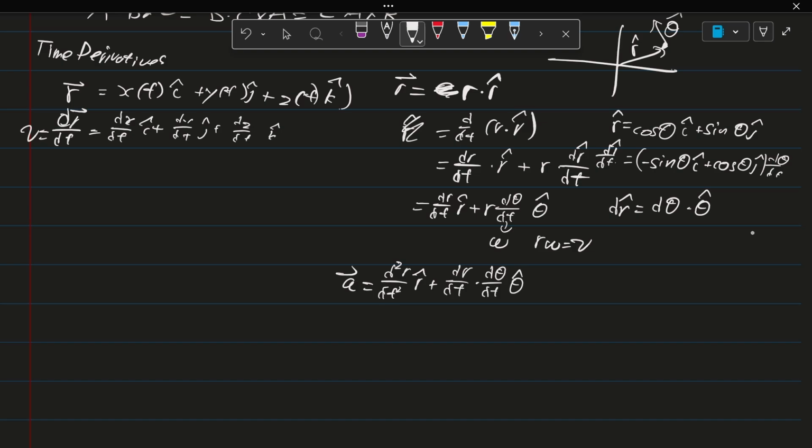Then you add this again with r times omega times theta hat. So it's dr over dt times omega in the theta hat direction. You add this with another term, r times the d omega over dt in the theta hat direction, and then you add this again by another interesting fact.